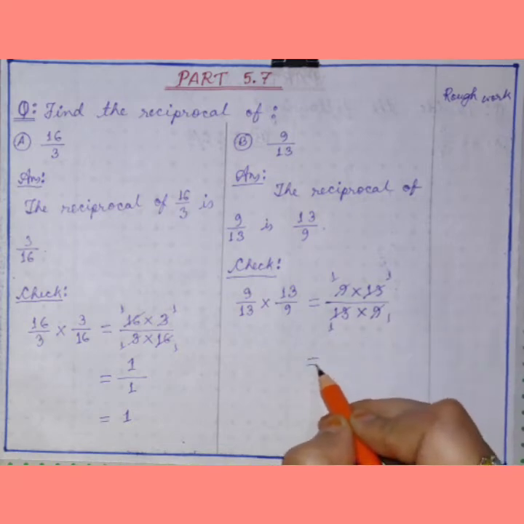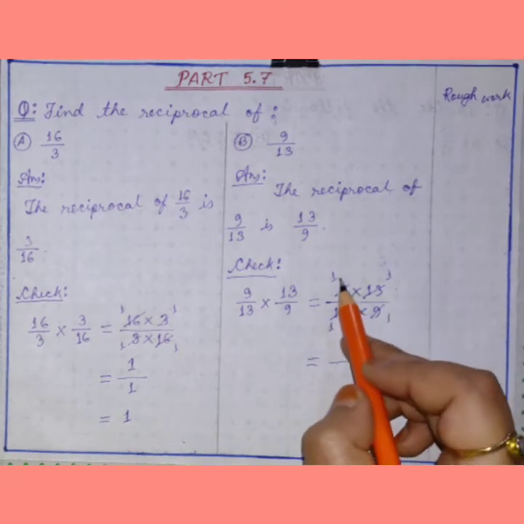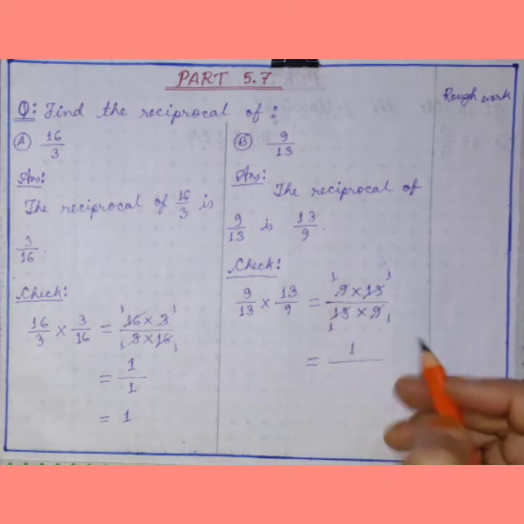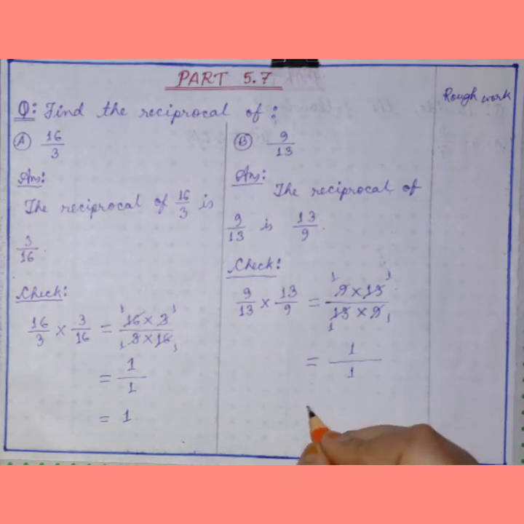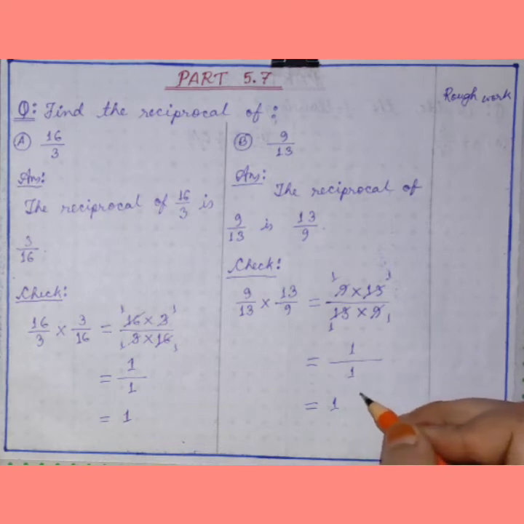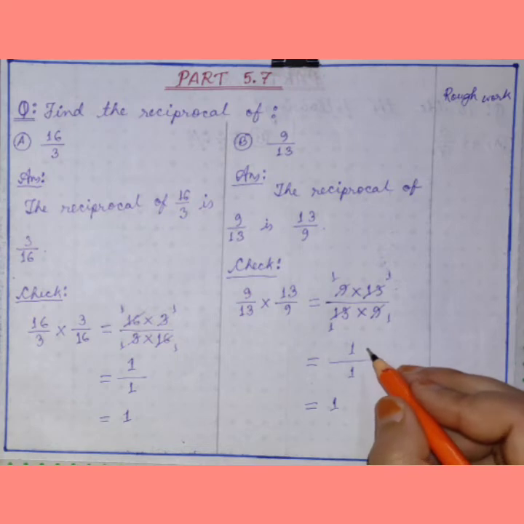Then 1 into 1 is 1, and 1 into 1 is 1. We write only 1, because whenever we get the denominator 1, there is no need to write the denominator. We write only the numerator in that case.